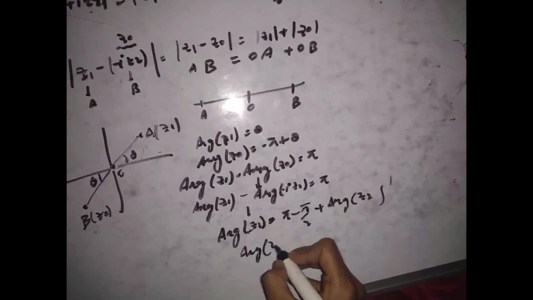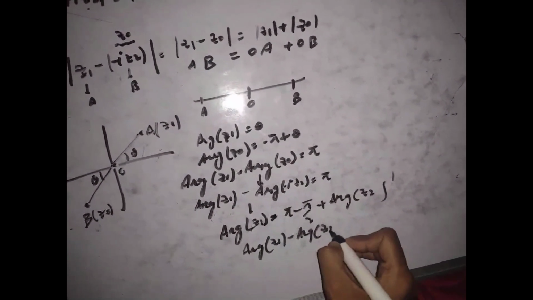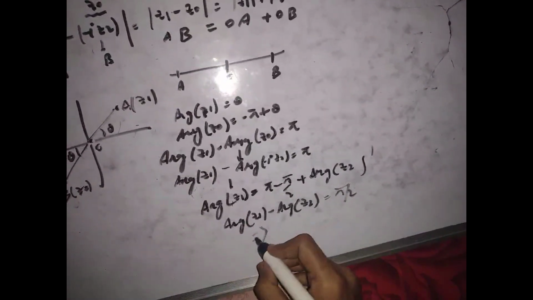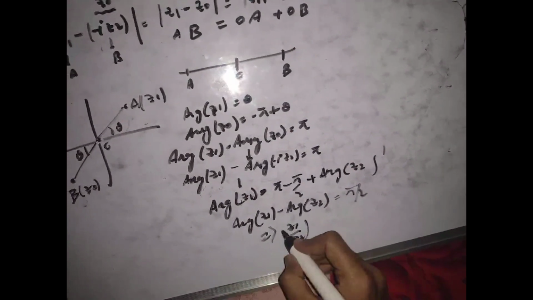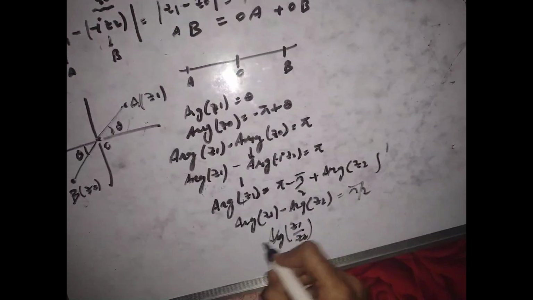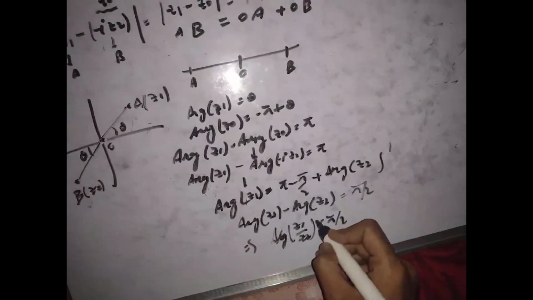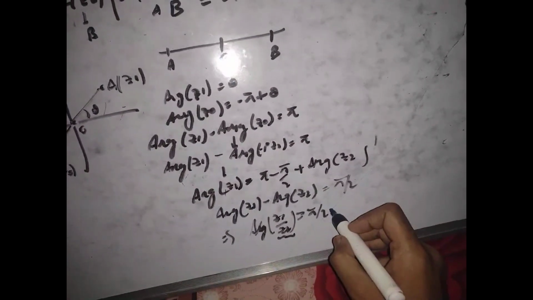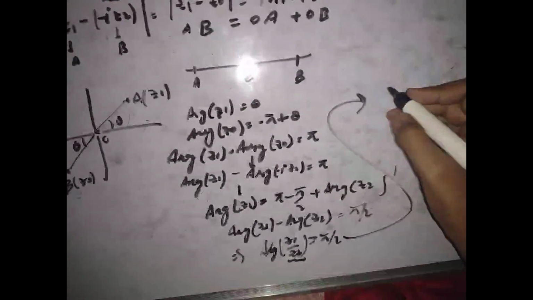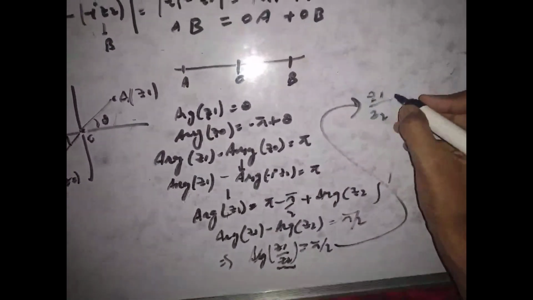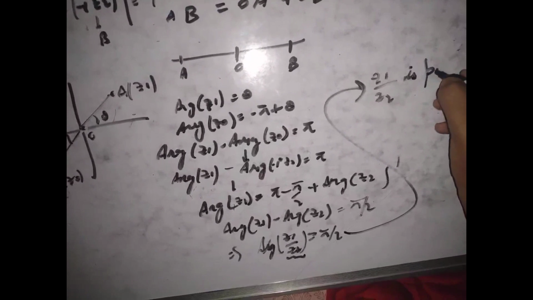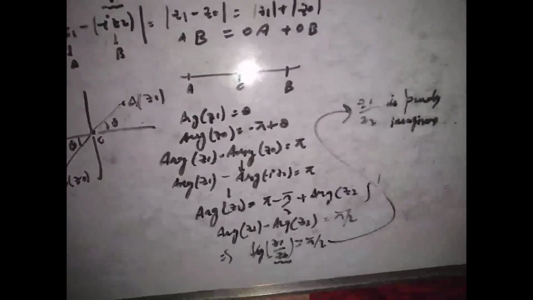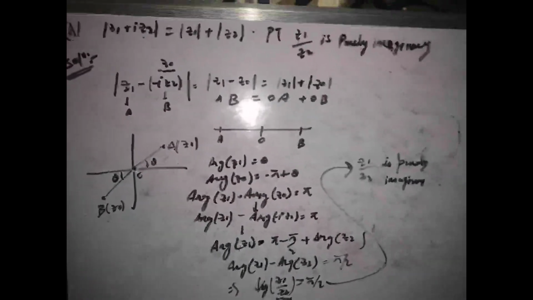So argument of Z1 minus argument of Z2 is pi by 2, okay, and using the properties of argument, we can write that argument of Z1 upon Z2 equals pi by 2. If you treat this as a new complex number, then argument of a new complex number is pi by 2. Thus we can write that Z1 upon Z2 is purely imaginary, and that's what we ought to prove.